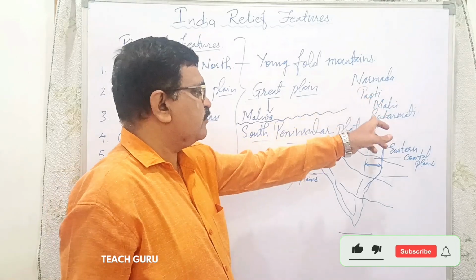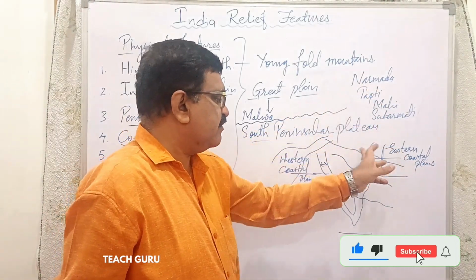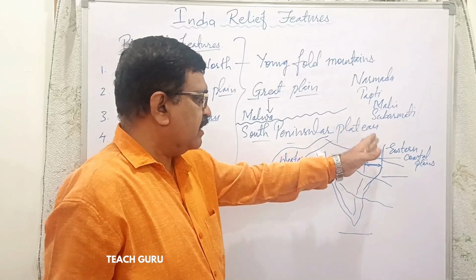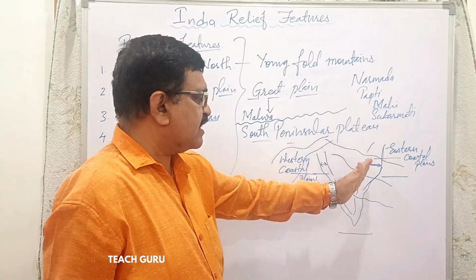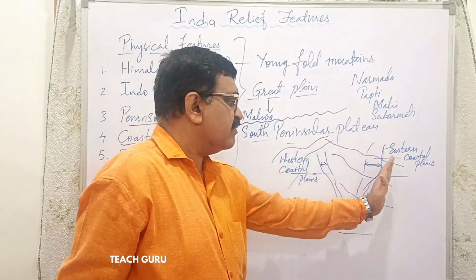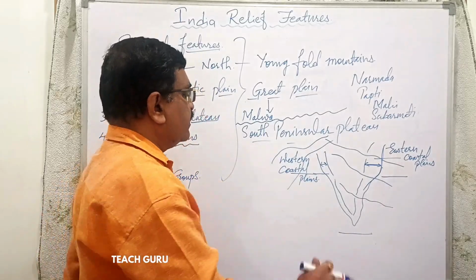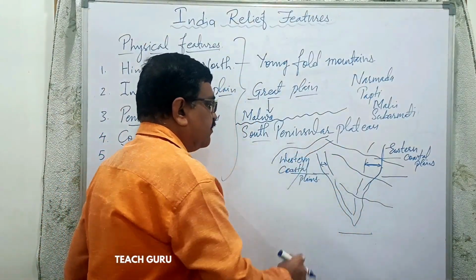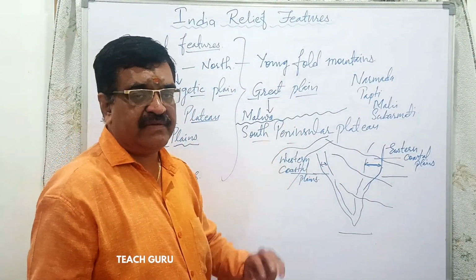These rivers are called west flowing rivers, and these rivers Godavari, Krishna, Tungabhadra or Mahanadi, all these rivers and its tributaries are called eastern flowing rivers. Why are these rivers called east flowing and why are these called west flowing? Now you understand very easily.